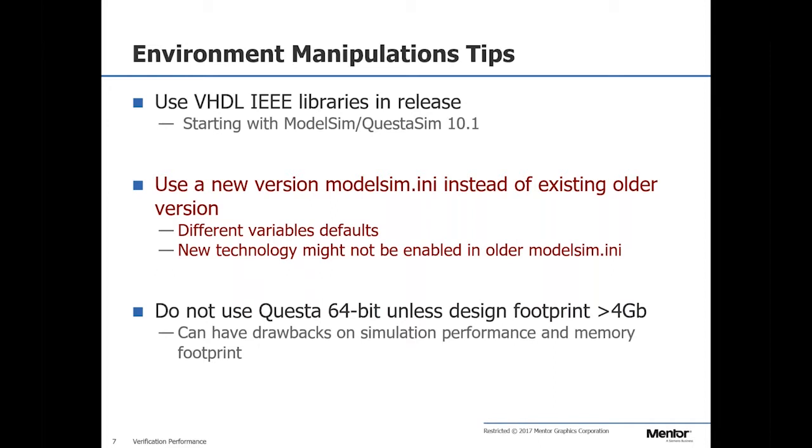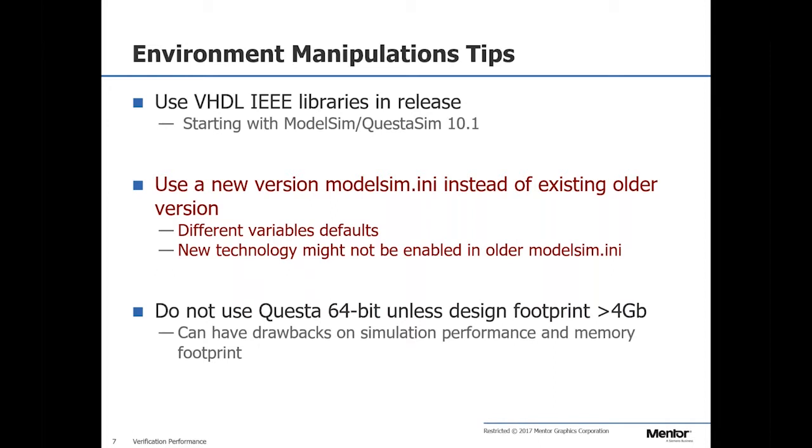If you've upgraded your tool, make sure you upgrade the ModelSim INI to match that tool. Just because with some of the new technologies, we put some arguments in there to make sure it's running the fastest. And if you're using an older ModelSim INI, you may not be taking full advantage of the new simulator.